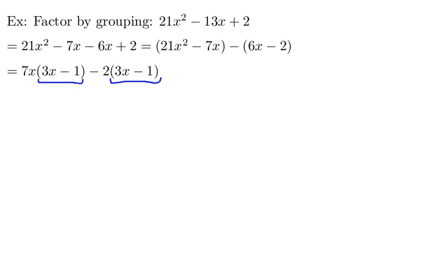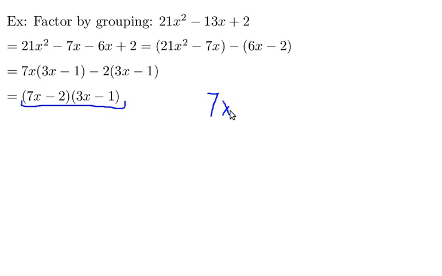So we can pull out this common factor, and we'll get 7x minus 2 times 3x minus 1. Okay, so we can double check this by just distributing. 7x minus 2 times 3x minus 1.